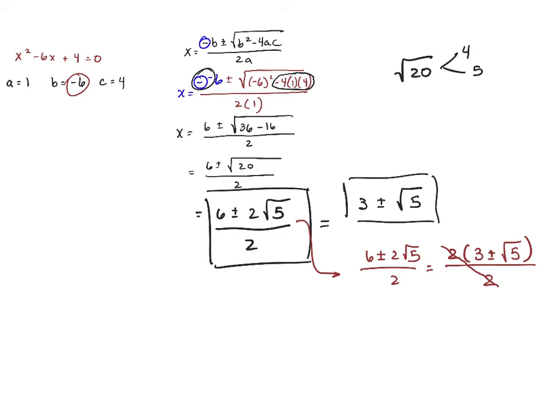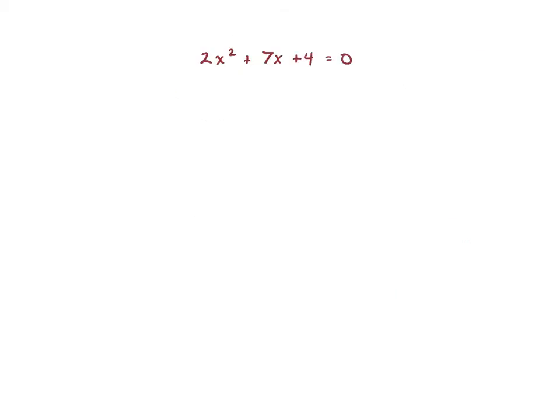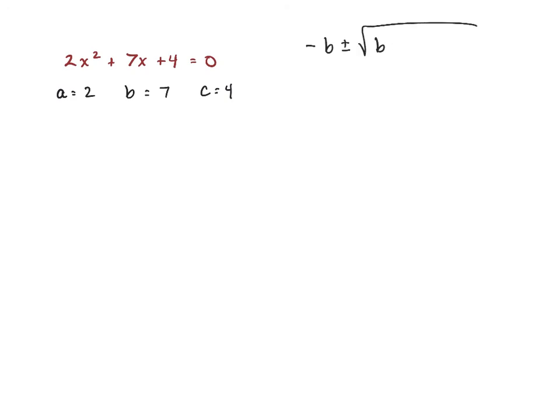And our last example, I do have 2 more. And the last example. In this last example, our A value is 2. So this is a little bit different. B is 7, C is 4, negative B plus or minus square root of B squared minus 4AC all over 2A.